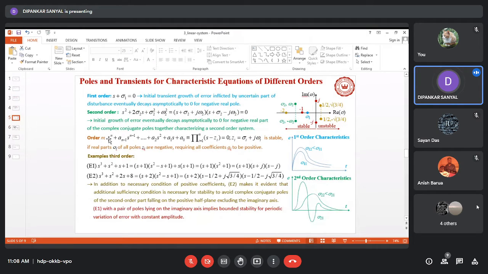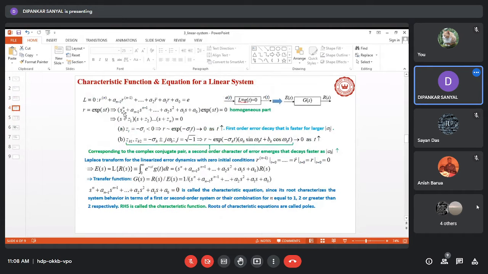We split this equation in this form. So all these will emerge positive only when all these coefficients are positive. Otherwise, it is never possible. So one fundamental requirement for stability is that all the coefficients of the characteristic equation must be positive. Is it clear?